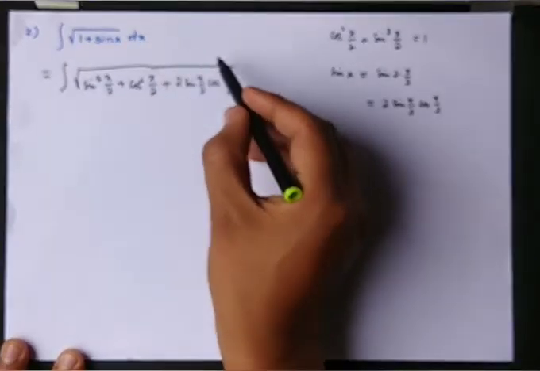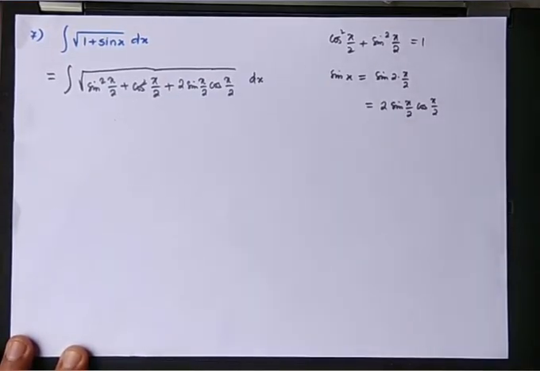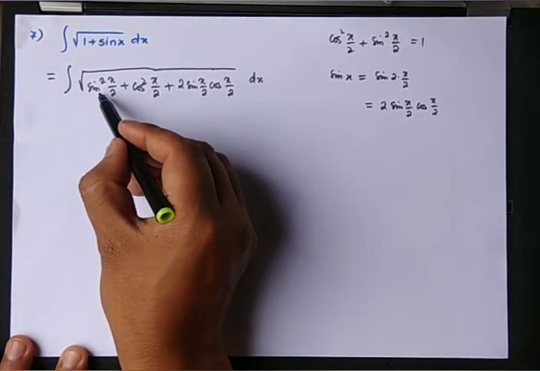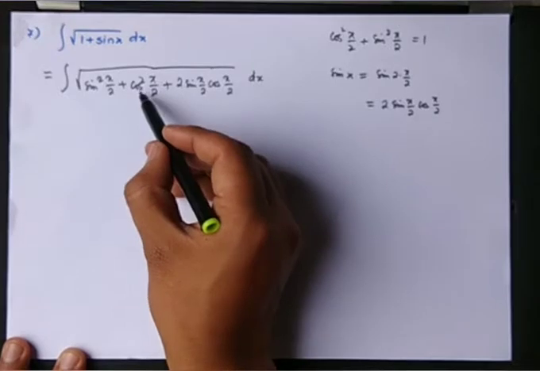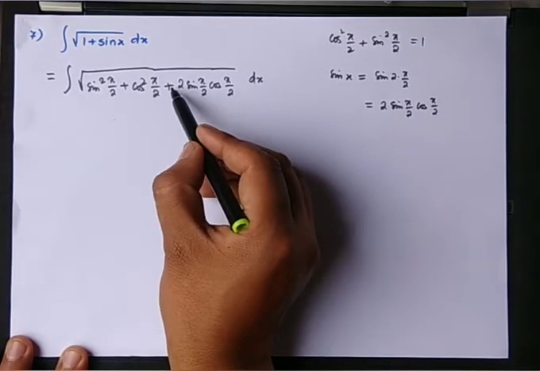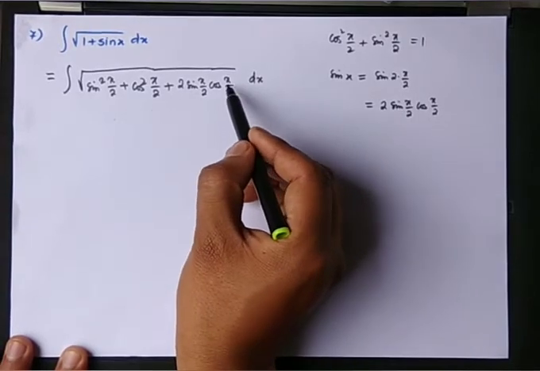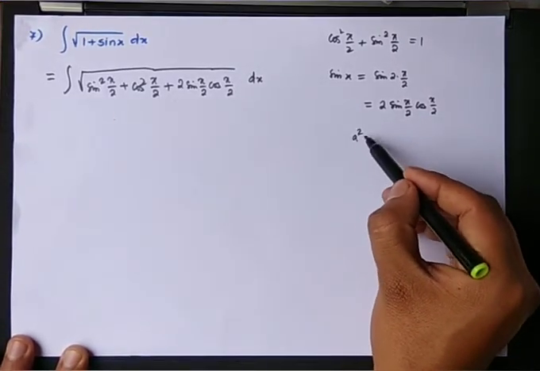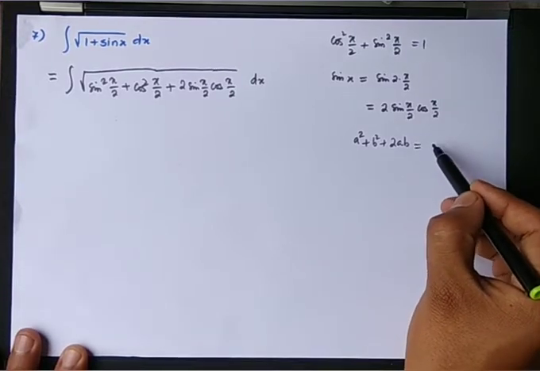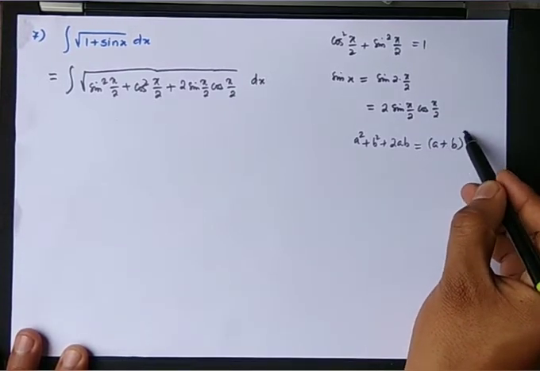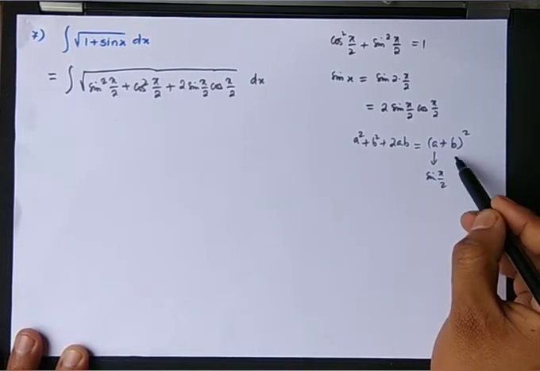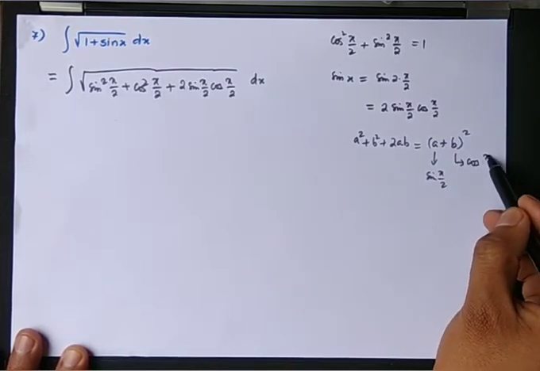Fine. We have dx outside the square root, so dx is written. Now if I call sine to be a and cos to be b, then it is a square plus b square plus 2ab, and we know that a square plus b square plus 2ab is nothing but a plus b whole square, where a is sine x by 2 and b is cos x by 2.